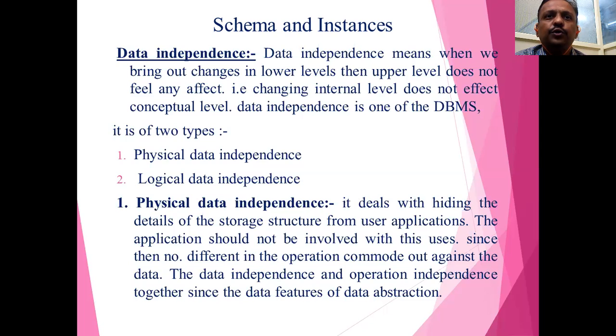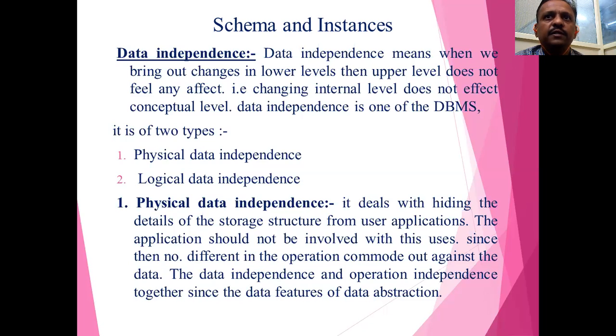These should be independent of each other. In simple words, suppose you have created a table and you are going to insert records or values into the table. When you change some physical structure of a table, it should not affect the values we have already inserted. So let's go to the details.